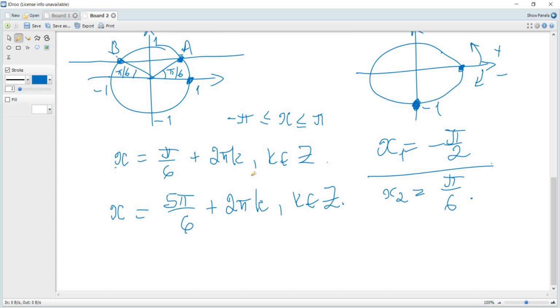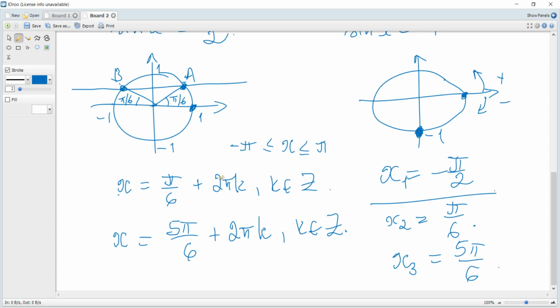For k is 1, 2 or greater, or k is negative 1, negative 2 or less, there are no solutions from a given region. But in general there are infinitely many solutions, that's the general solution. So the third root is 5 pi over 6.